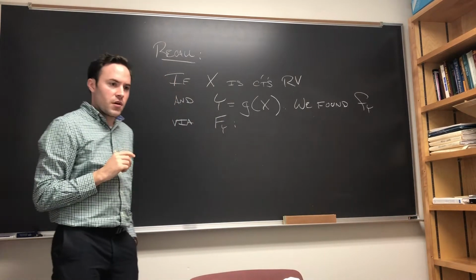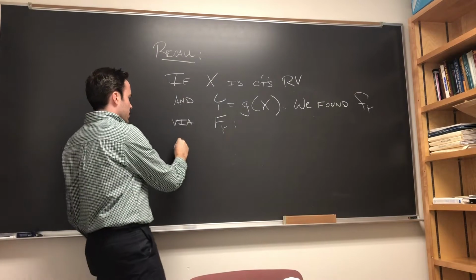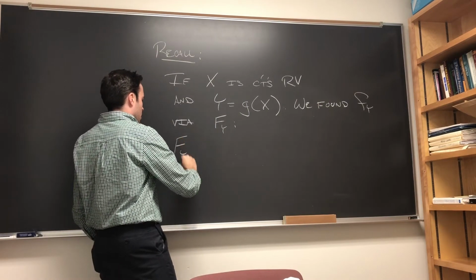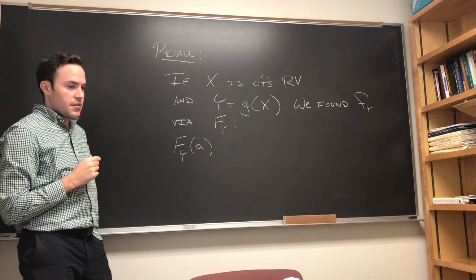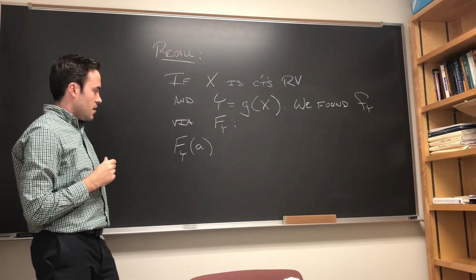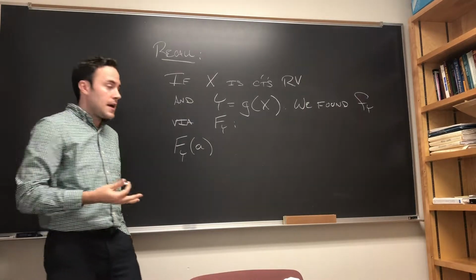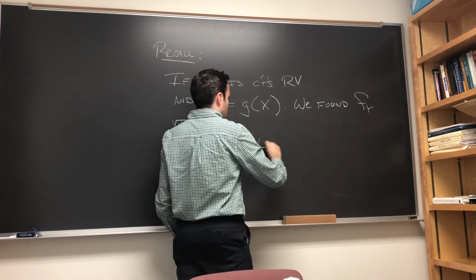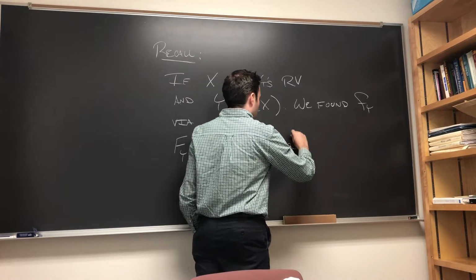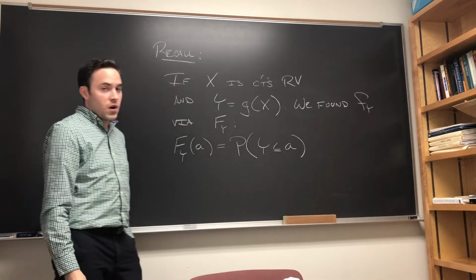All right, so let's just quickly run through how we did that. We started off by considering the cumulative distribution function of Y evaluated at some a. And the first thing to say is that, just by definition, this is the probability that Y is less than or equal to a.